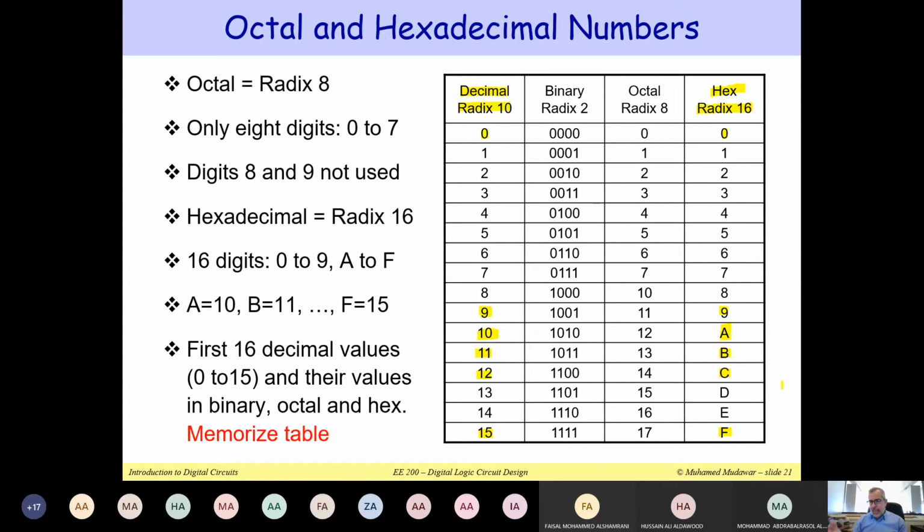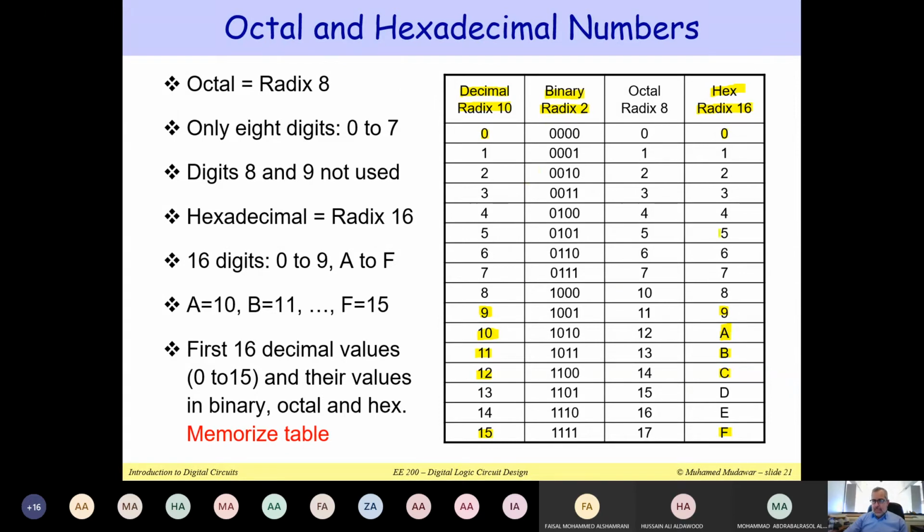So we use letters A to F to mean digits in the hexadecimal number system. Now, if you want to represent them in binary, we are allowed. Binary means radix 2.